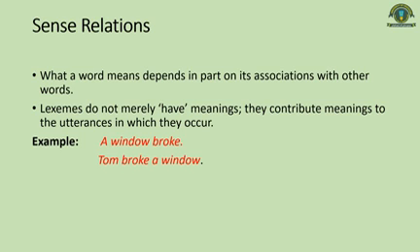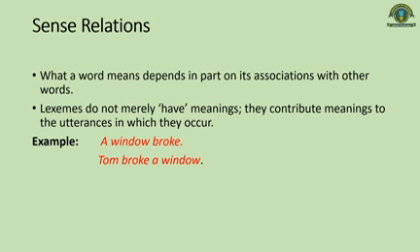Now, two things are there. A number of English verbs can be used in two different ways, with different grammatical associations, and then they have slightly different meanings. Take one example. If I'm saying a window broke, there is another way to say this: Tom broke a window.